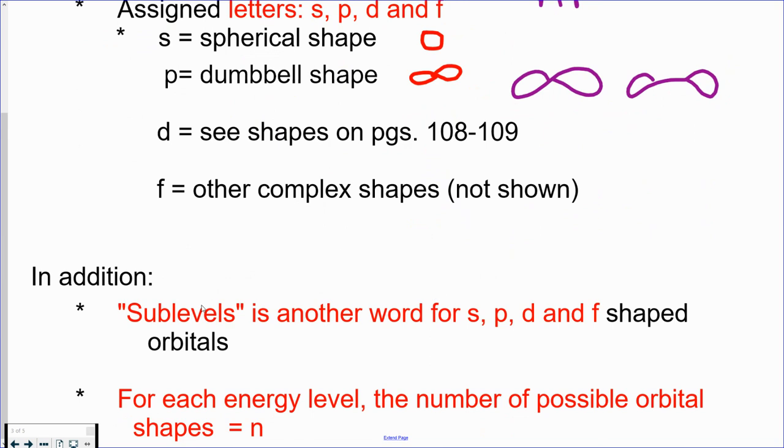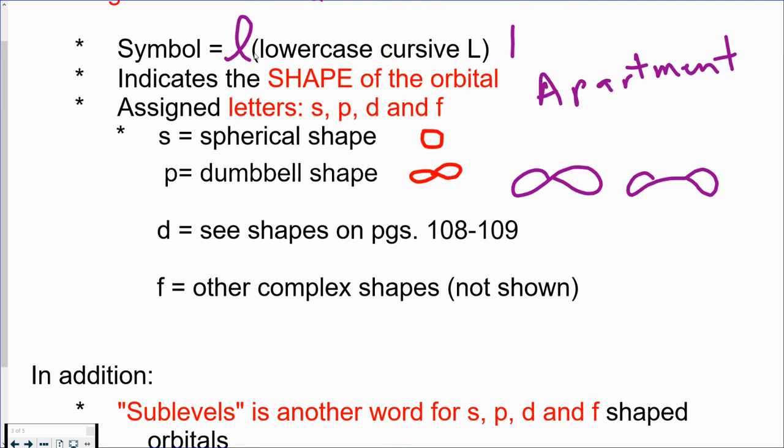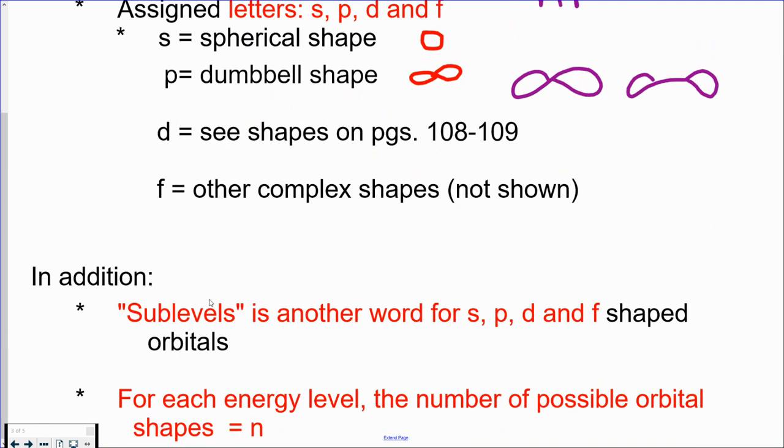Sublevels is the term associated with the lowercase l, the angular momentum. It tells us the sublevels or subshells. Levels can be shells, if you want to think about it that way. There are possibly 4 sublevels within each shell.